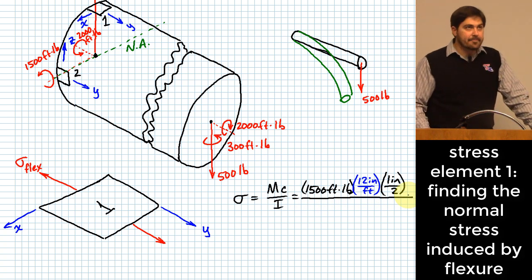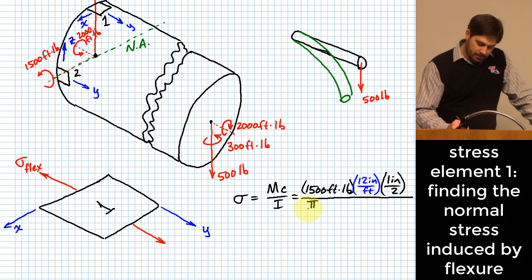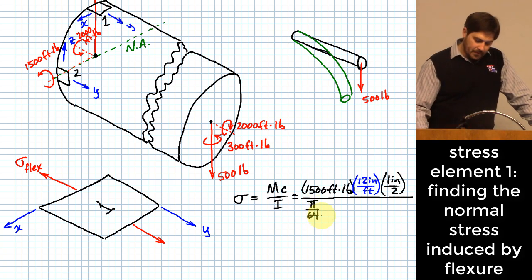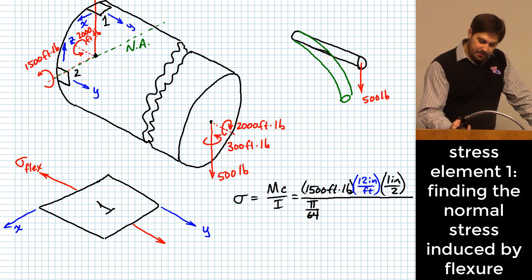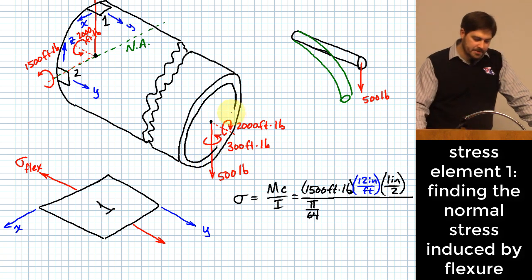Now what about I? We covered this, I believe, last time, but when you're finding the moment of inertia, or the second moment of area, the formula for that is pi over 64 times the diameter to the fourth. But we actually don't have a solid rod. What shape is our rod? The rod we're dealing with is hollow.